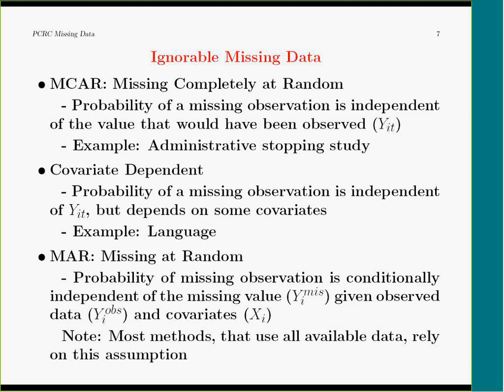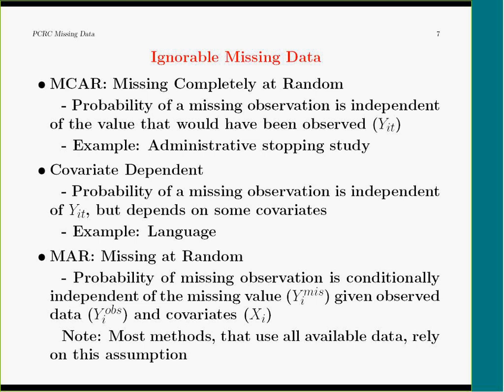So, getting into the missing data, I'm going to try to be more conceptual than formulas, but we just can't avoid this. There's what we refer to as missing completely at random, and the definition is that the probability that an observation is missing is completely independent of what would have been observed if we could have observed it, so it's totally unrelated to anything that's happening to the patient.